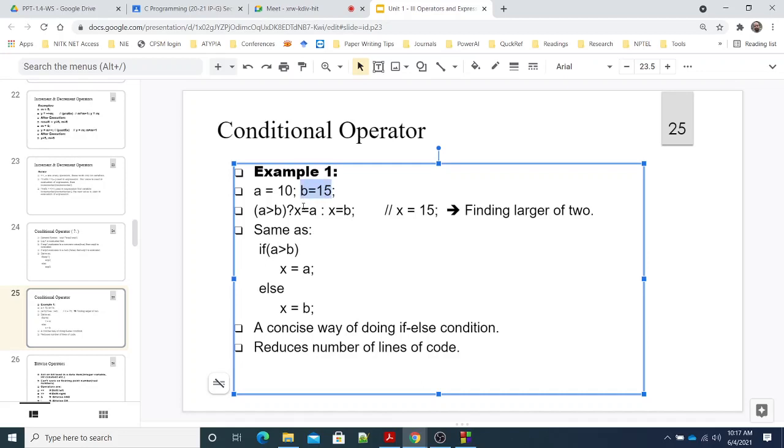If the second number is larger, b is larger, this will be false, and we assign the larger value to x. If a is larger, this condition is true, and we again assign the larger number, a, to x. And at any point of time, either this or this will be executed, not both. So in that way, this expression gets me the larger of a and b in the variable x. Are you convinced?